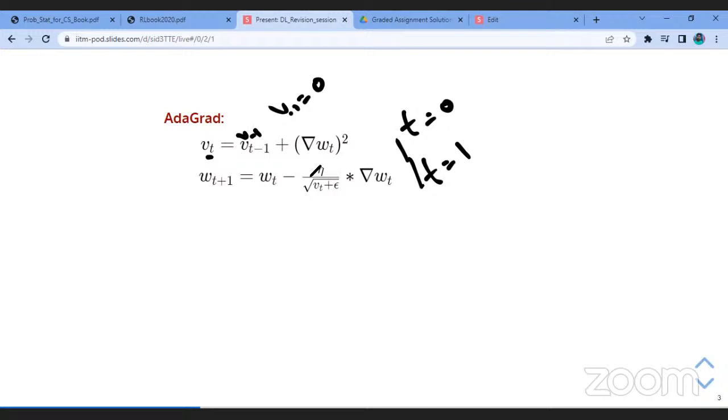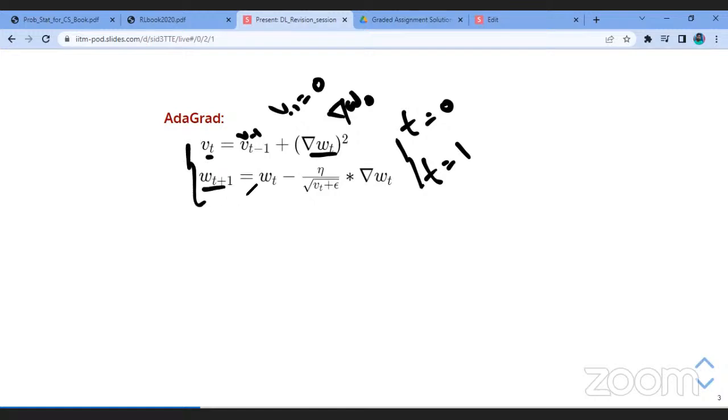Then all the iterations are with respect to t is equal to 0. Then you compute w1, w2, w3 like that. And we also give this gradient. Of course, we can either give you the gradient value, or we can give you some function of the gradient value. That doesn't matter. So finally, you end up using these two equations.